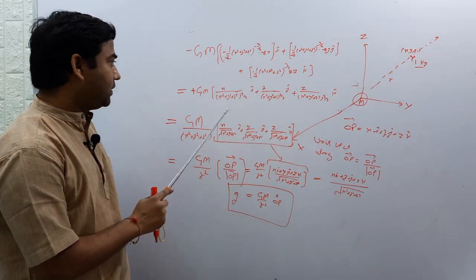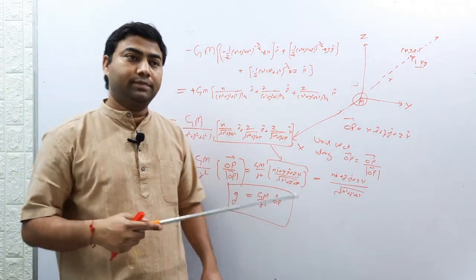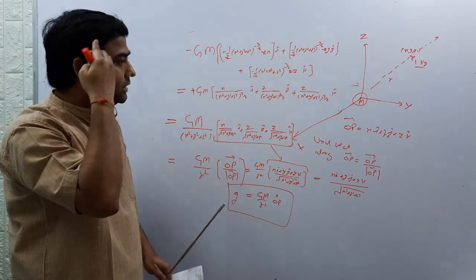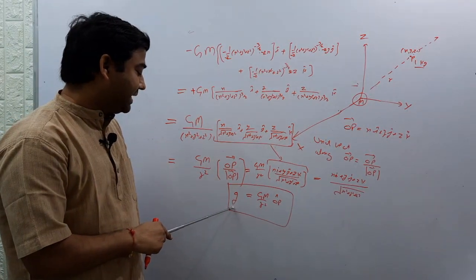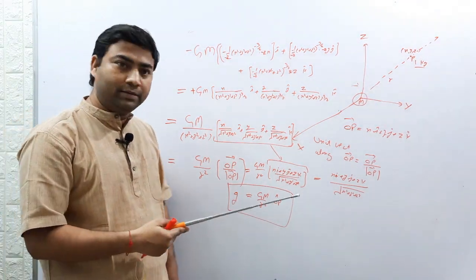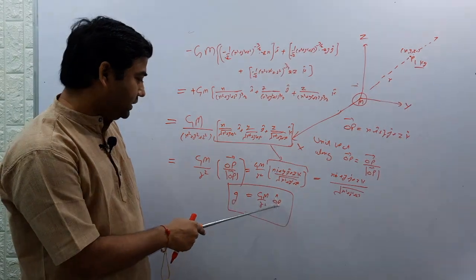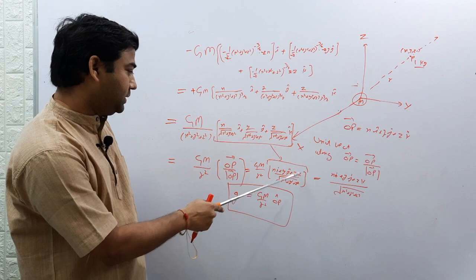So we have found here that when you find gradient of potential energy, we got the gravitational acceleration expression. We got a vector field. This is vector OP, this is unit vector OP.